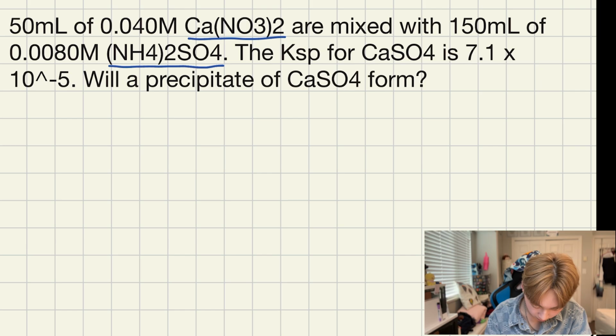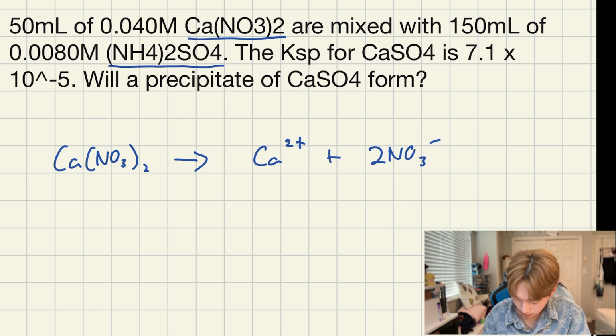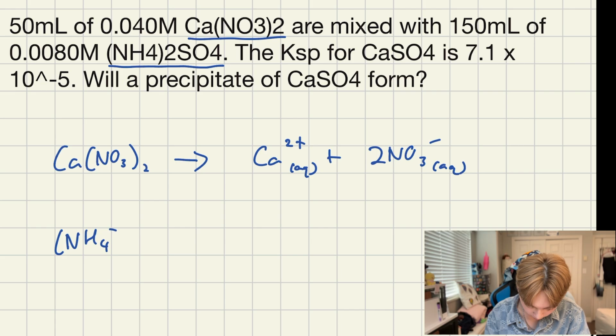So what we can say is, for our first one, Ca(NO3)2, it's going to go into Ca2+ and 2 NO3-. And our second one, we have (NH4)2SO4.